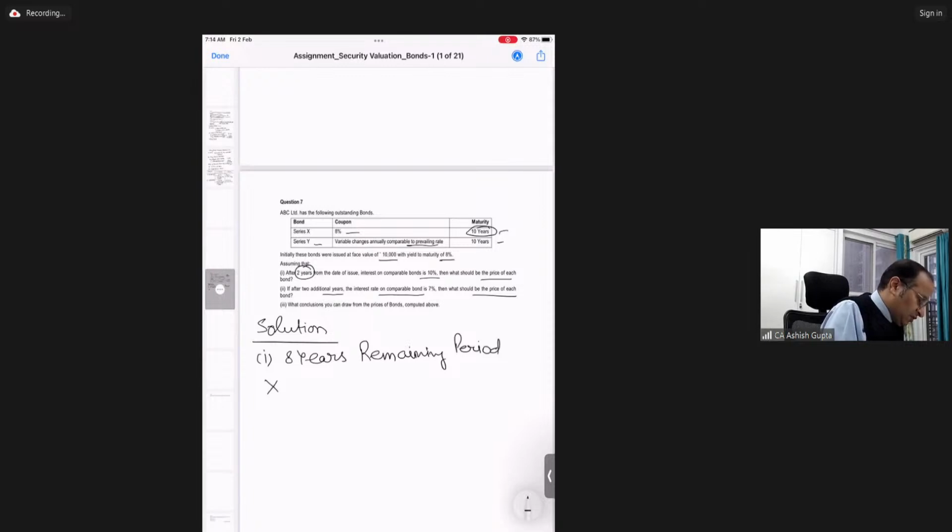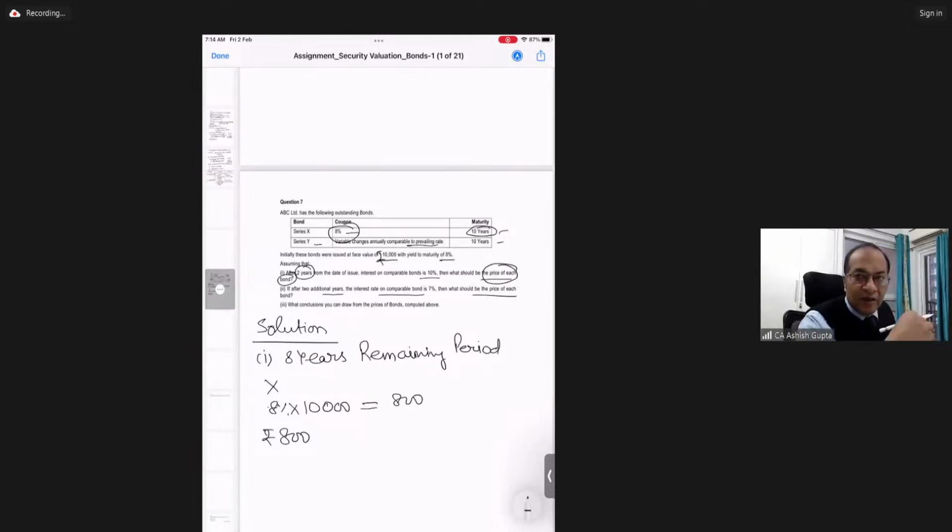First of all, for X, the coupon payment is 8% and our debenture face value is 10,000. Accordingly, the coupon payment will be rupees 800. So accordingly, we have to compute the present value, what should be the price of each bond. To compute the value of each bond, we shall discount the same.